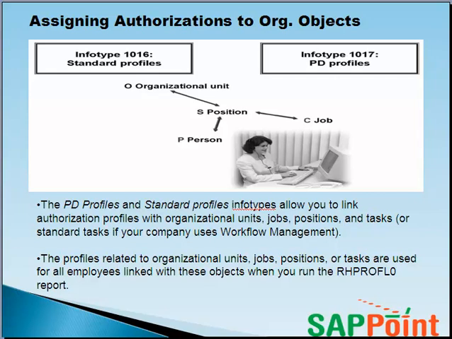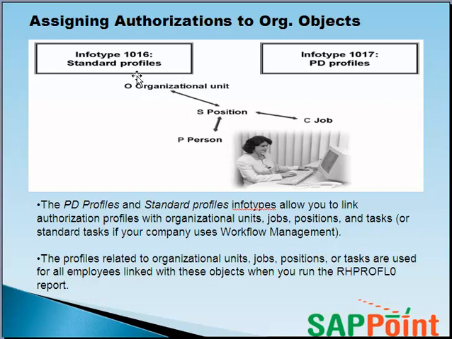Now, the info type 1017 is for assigning PD profiles to the users via one of these organization objects, and info type 1016 is for assigning the standard authorization profiles to the users via these organization objects such as org units, positions, or jobs or tasks.